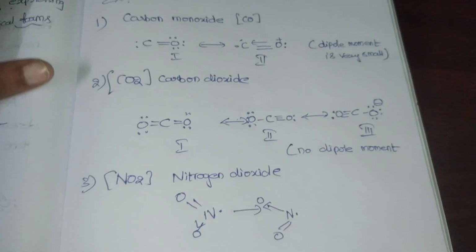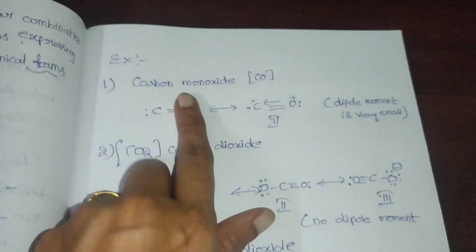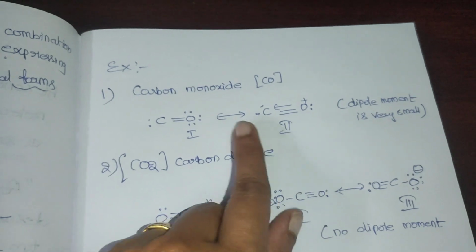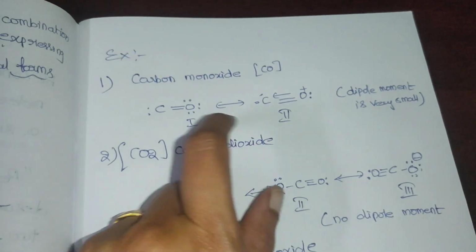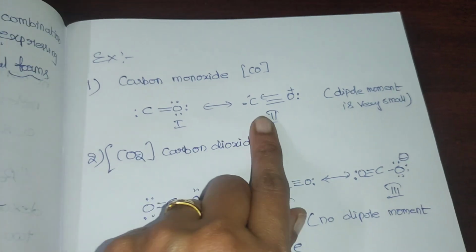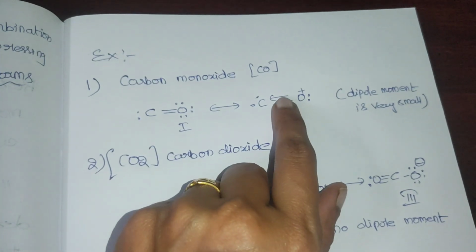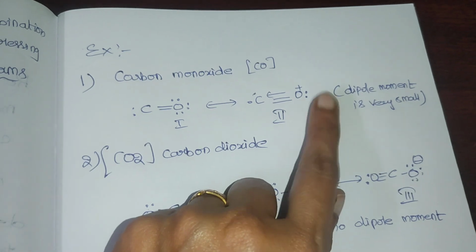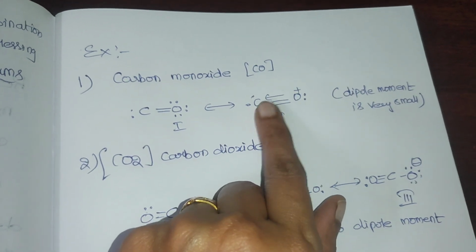I am explaining it with some examples. For carbon monoxide, we can represent it with two structures. Here we see a double bond, and here one arrow, containing O+, meaning the lone pair of electrons is shared back.